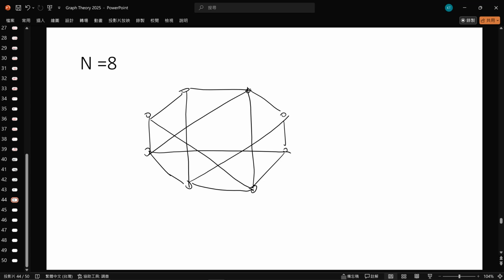Like this one. Or you can do counterclockwise and clockwise.